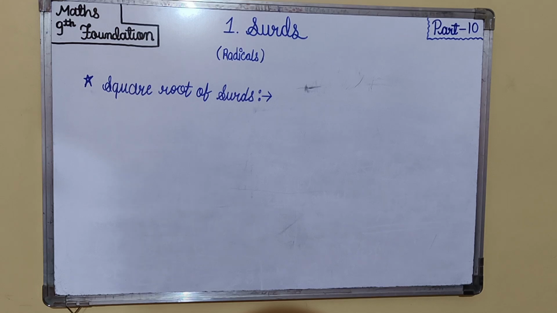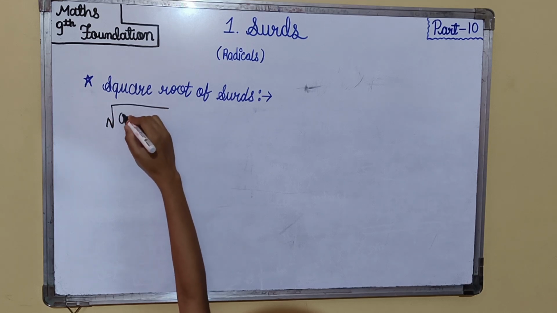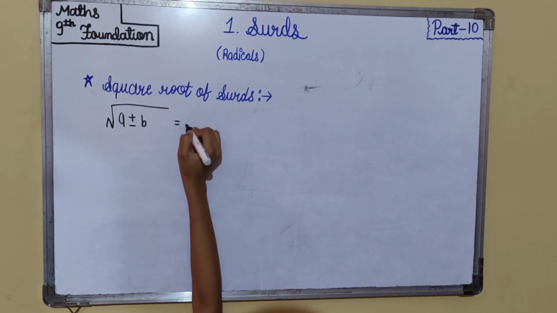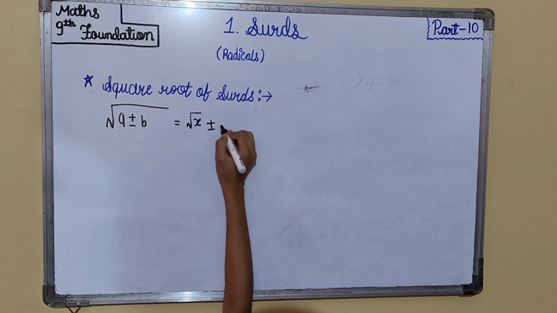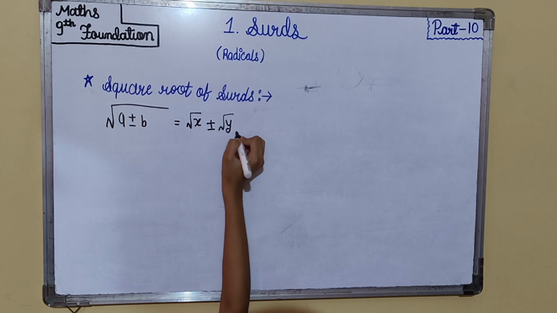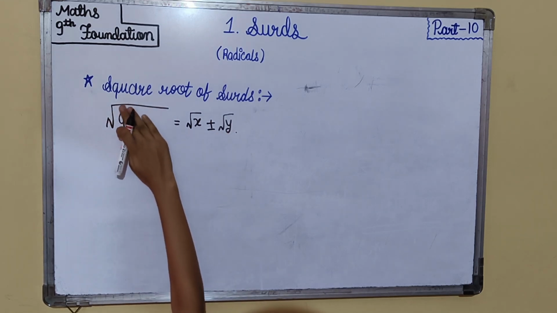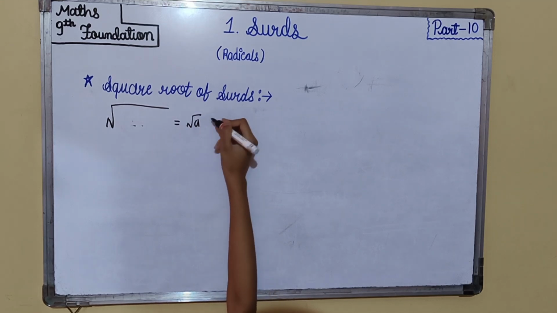So let root a plus minus b is equal to root x plus minus root y. What is the meaning of this? Every time we take these variables.